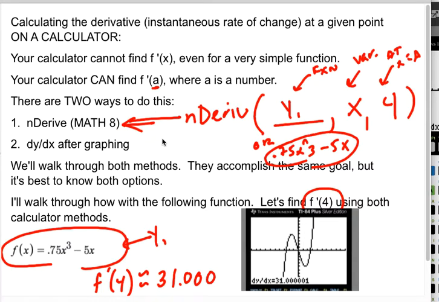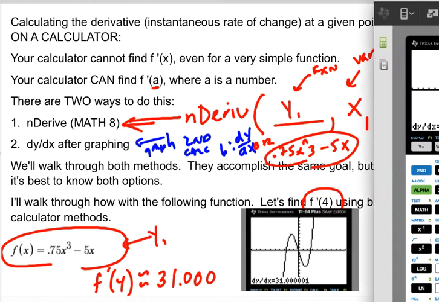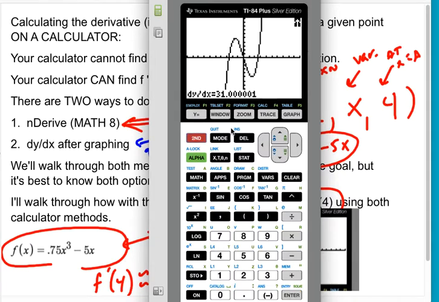So if we use this method, I'm going to graph it, then go to second and calc, and pick 6, which is dy/dx. I then have to type in the x coordinate where I want to differentiate. So again, I go to second calc, I pick 6, but that didn't give me a derivative yet. I then have to hit the x value I want and hit enter, and it'll say dy/dx is that value, okay?